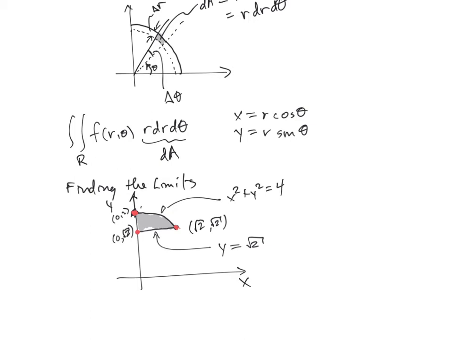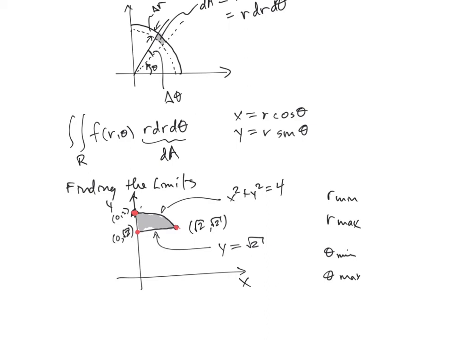Now, we're looking for the limits for r and theta. So we're looking for r min, r max, theta min, and theta max. When you're using polar coordinates in a double integral, it's virtually guaranteed, there might be some reason not to do it this way, but pretty much every single time, you're going to integrate with respect to r first. It's just easier, usually.